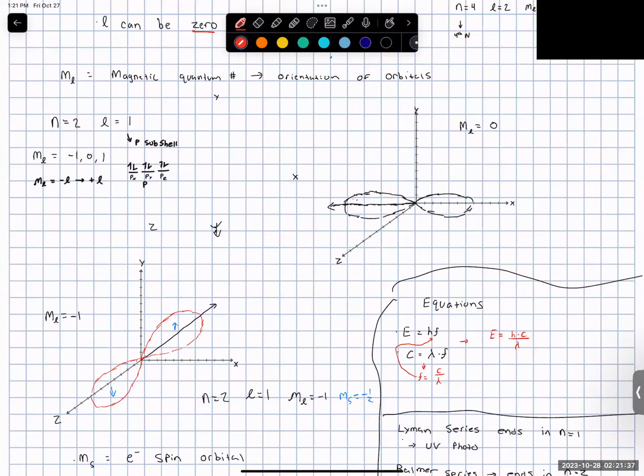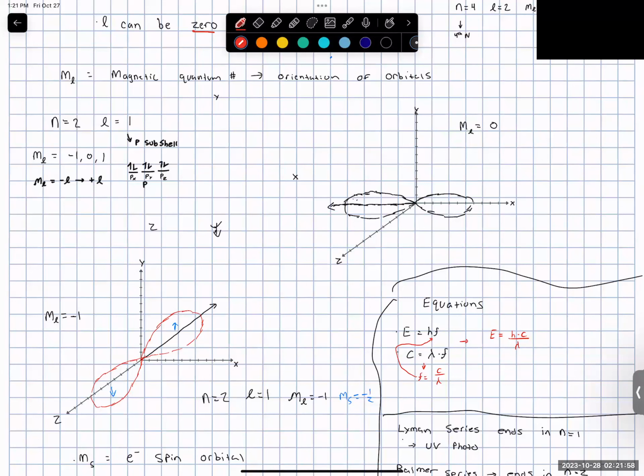So we only have 2 electrons possible in one given orbital. If there are 2 electrons per orbital, and we have 6 electrons total in our p subshell, how many orbitals do we have? 3 orbitals. We have 3 total orbitals. That's how we're able to get 6 electrons for that 2p6.